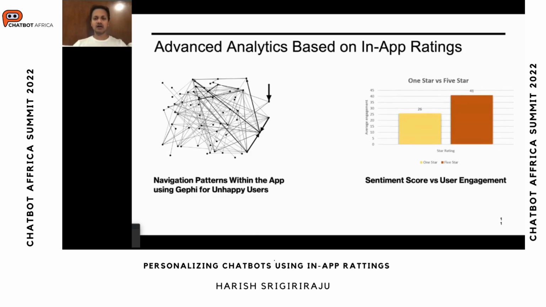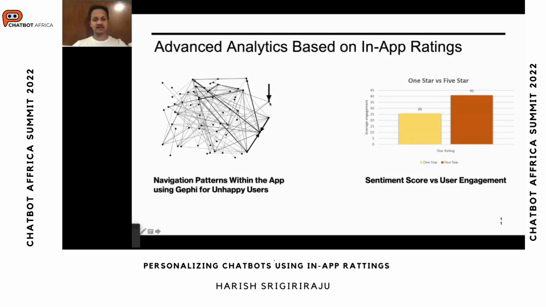Lastly, one other important thing that product managers could do is identify the navigation pattern within the application. So let's say this is a network analysis diagram of people navigating within the application. These individual nodes are each screens and features.